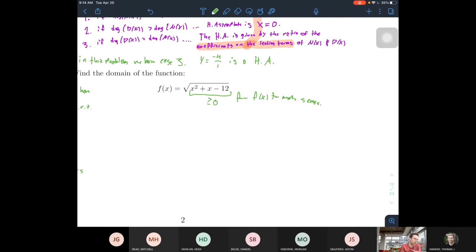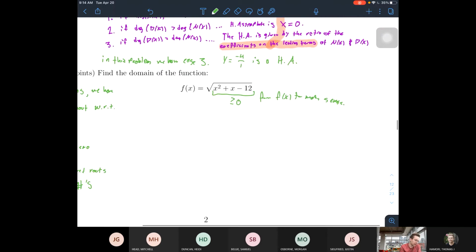So what are we interested in saying? We're interested in which x values cause the expression inside to be larger than or equal to 0. That would be the domain of the function. The domain of the function is the set of x values for which f of x makes sense.